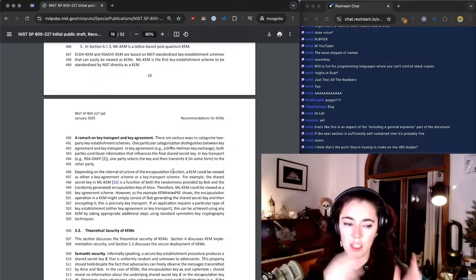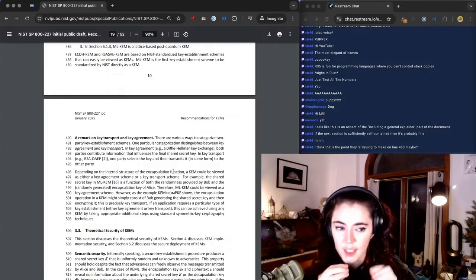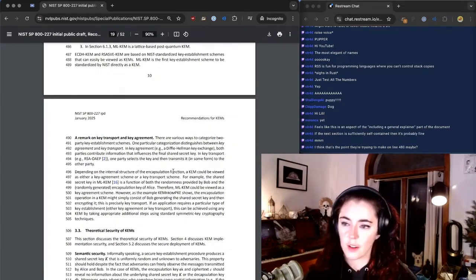Different than a Diffie-Hellman context, but still both parties have influence on the final shared secret that comes out.